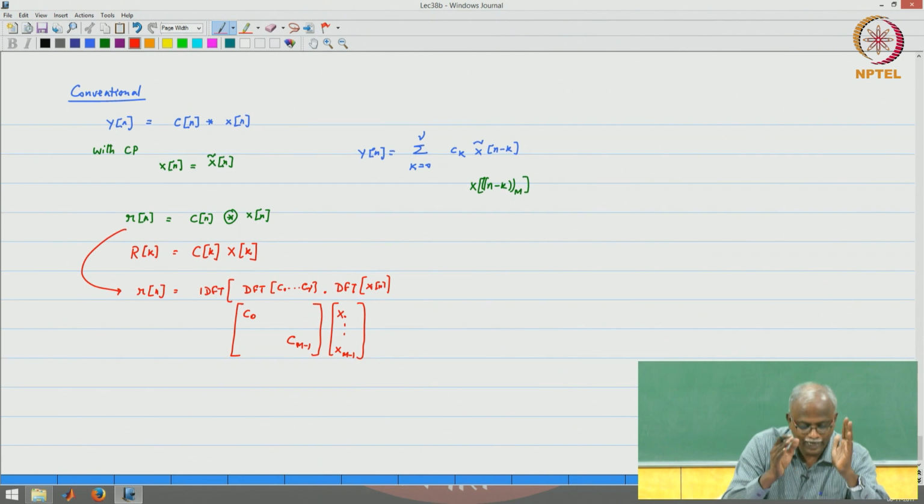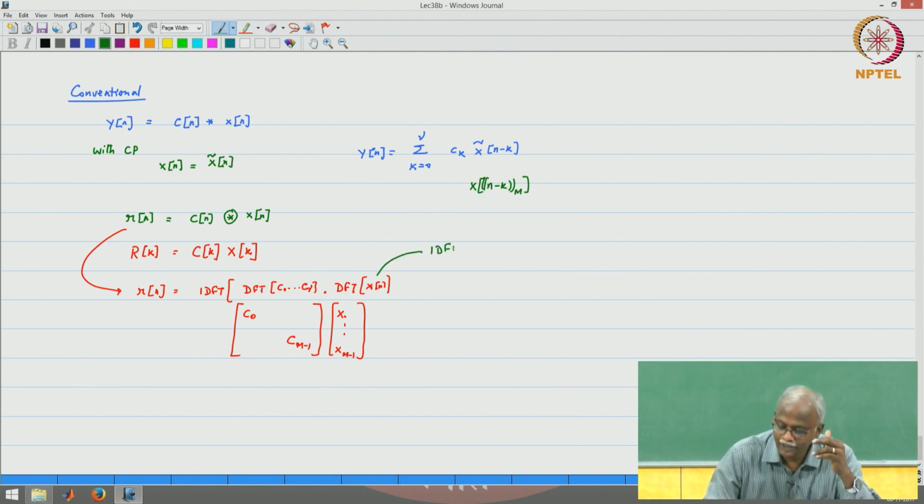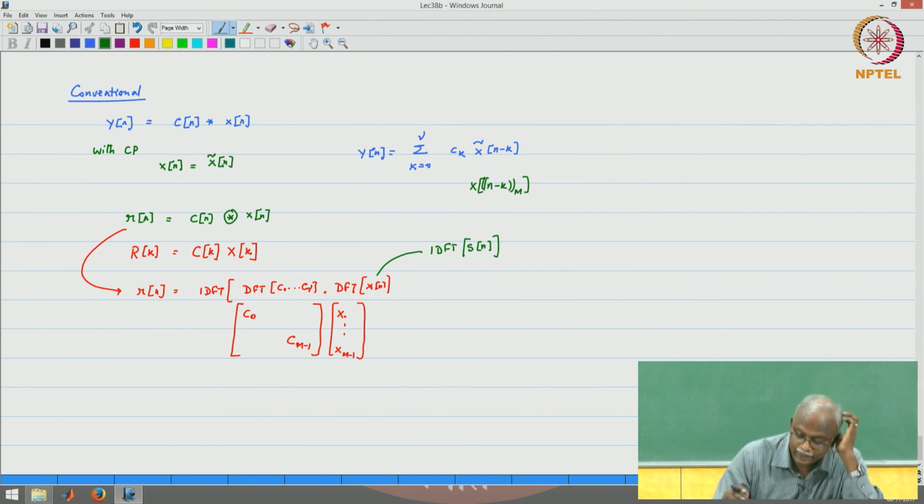I have to take the IDFT of it. Now very quickly look at the steps. What did we say x of n was going to be? x of n was going to be the IDFT of S of n. That is what we were going to do at the transmitter side.